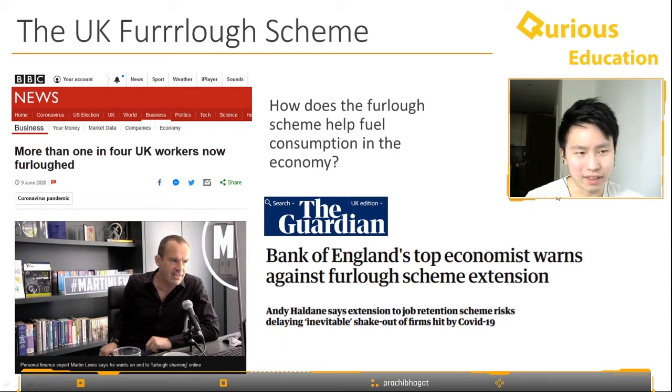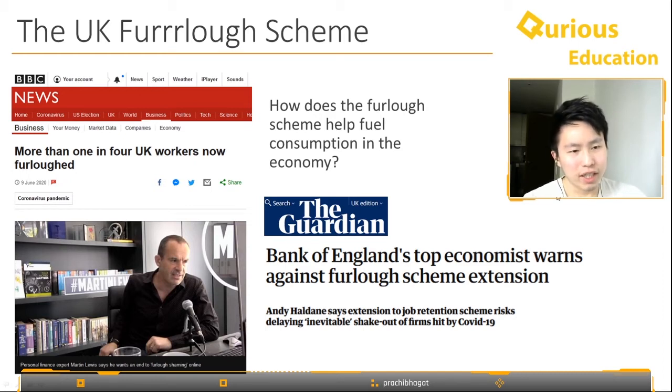You can see the furlough scheme is really popular because essentially it reduces business costs. But supposedly those employees or staff that are furloughed are not supposed to work, because otherwise you would be cheating the system, because supposedly you can't afford those staff, which is why the government is helping you pay for that amount of labor.